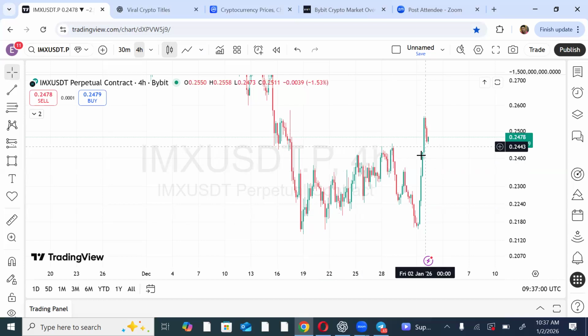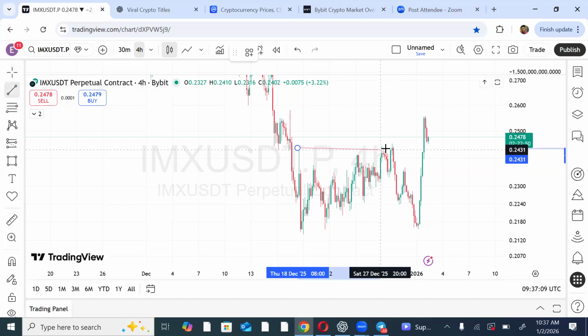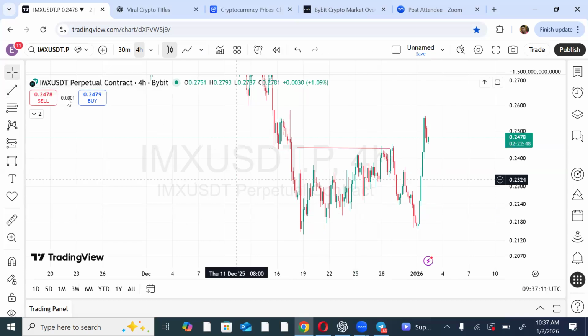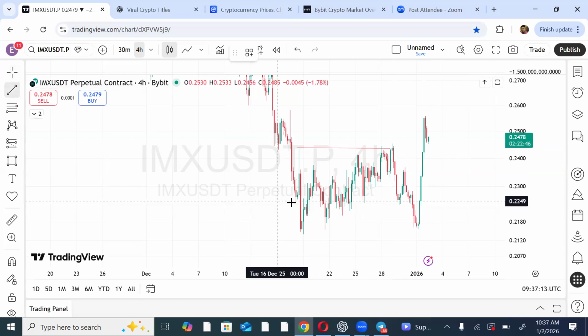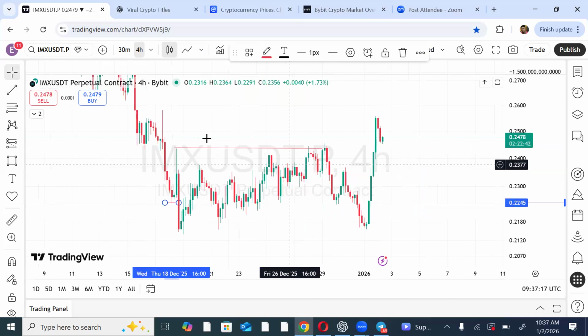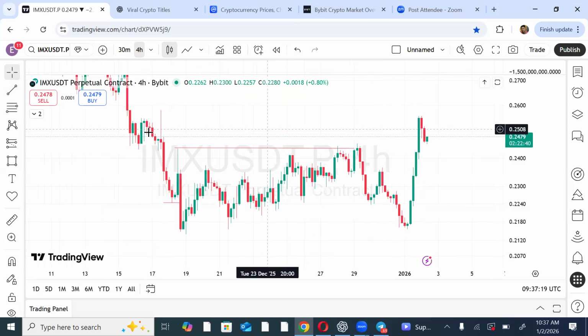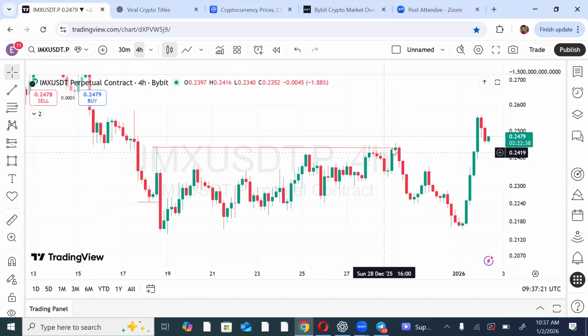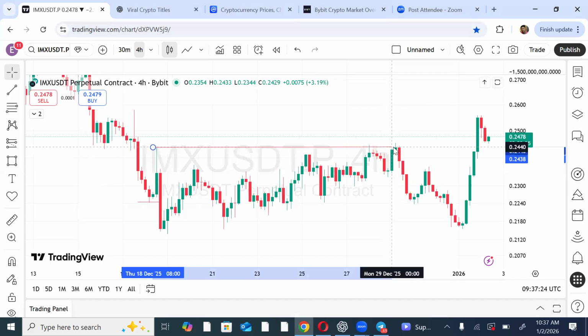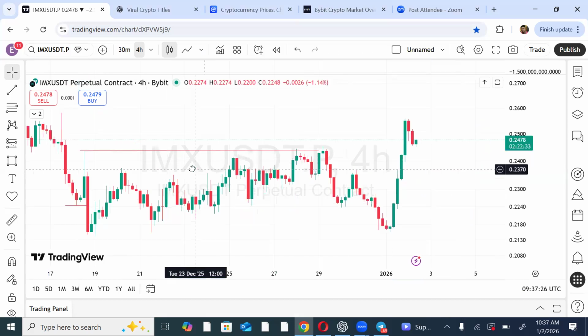There's no structure here yet. We can't buy. There's no structure here yet, because the last low that was printed, and this low was swept.